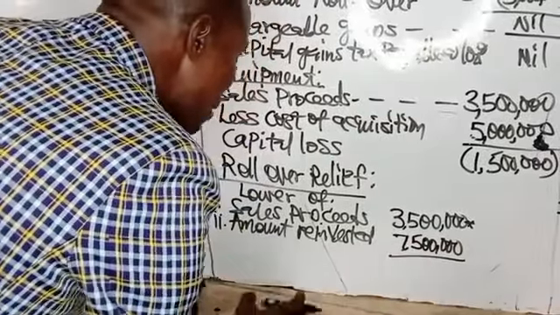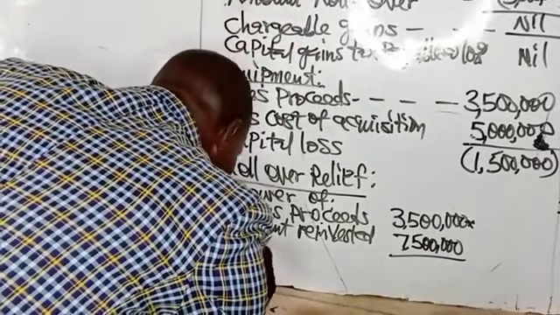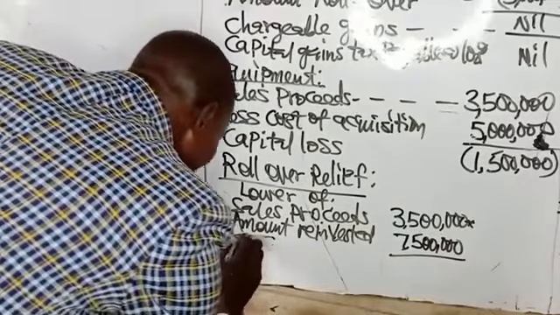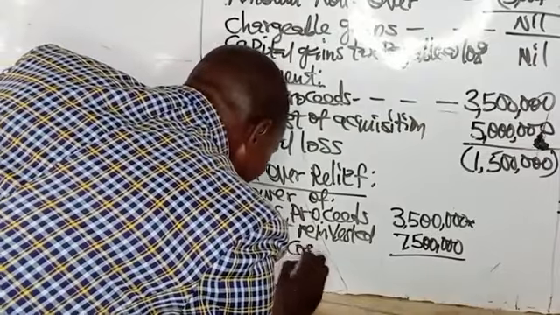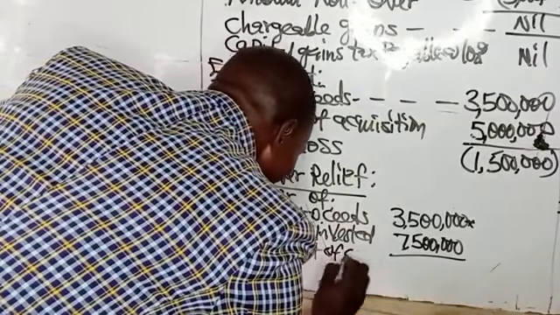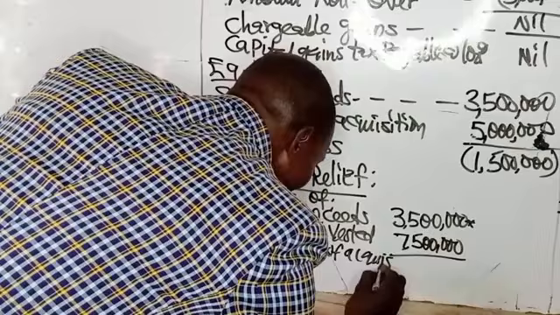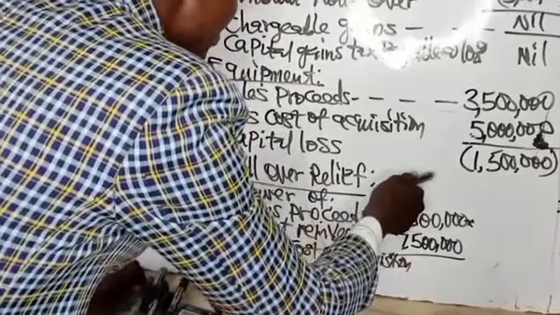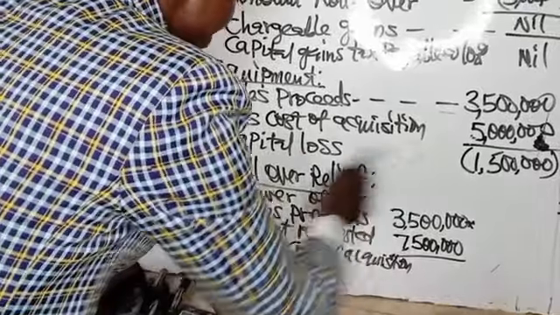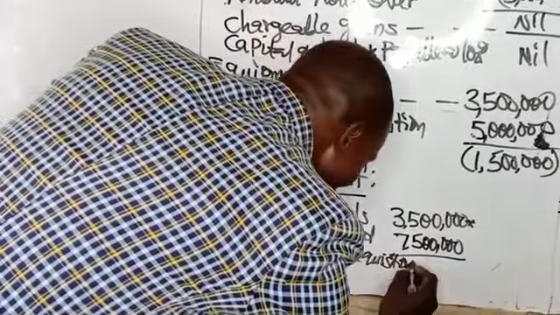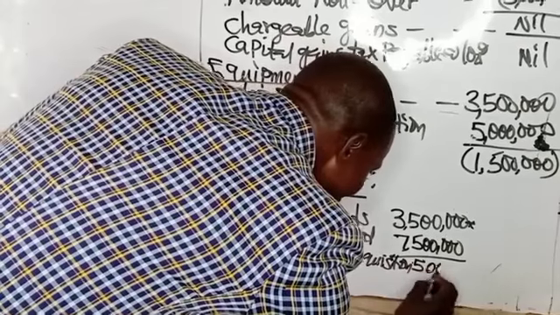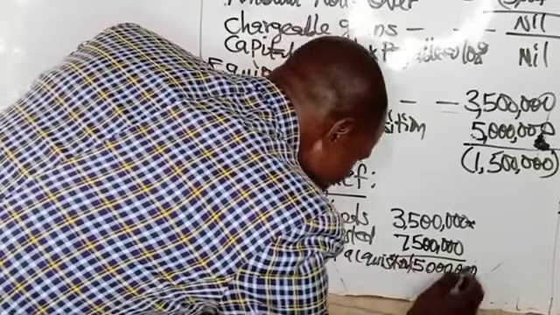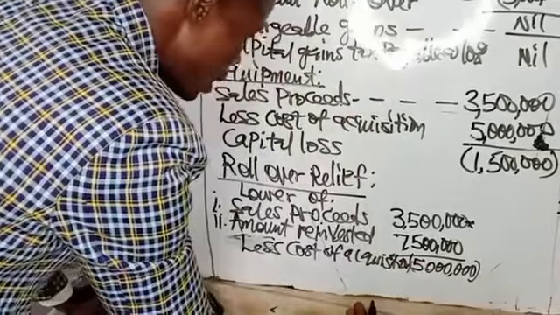From the 3.5 million, you deduct cost of acquisition. Remember, I've told you no rollover relief is claimable on equipment since it results in capital loss. So cost of acquisition is 5 million. If you deduct 5 million from 3.5 million, it will still be negative.